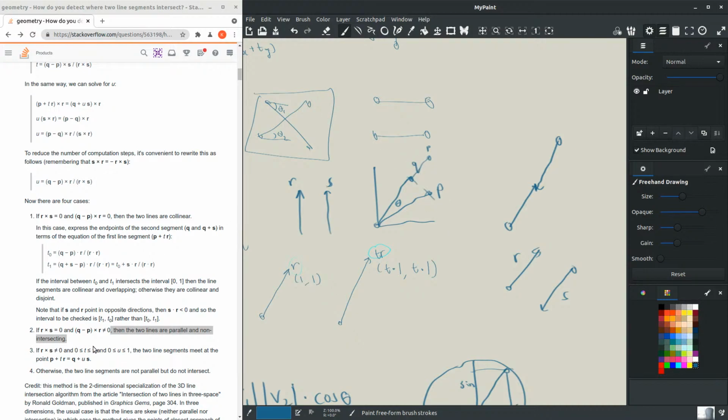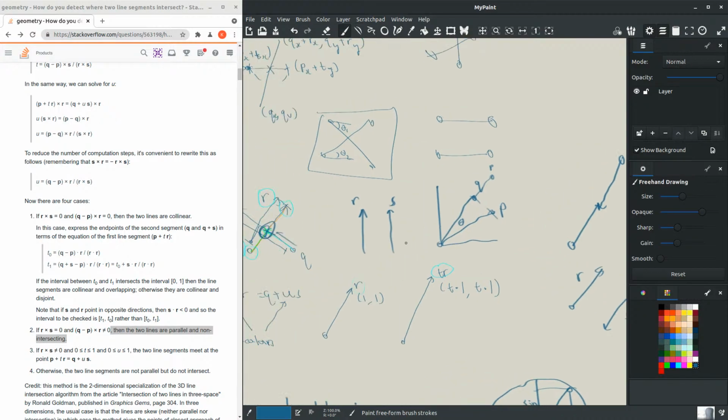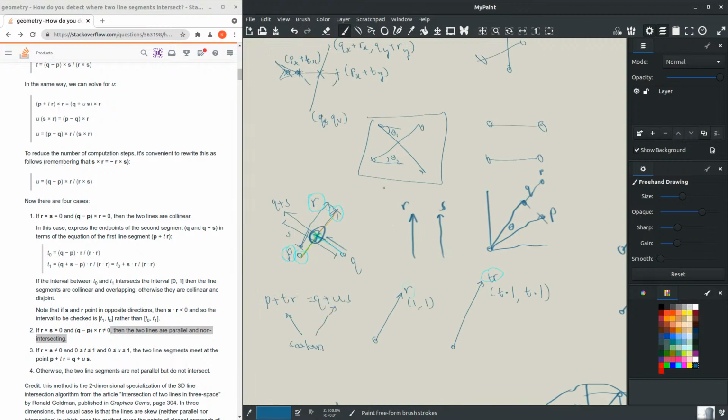And then in this last case here, or third case, we're looking at if R cross S does not equal 0 and T is greater than 0 and less than 1, and U is greater than 0 and less than 1, what we're checking for there is, so 1 is the length that we have from Q, 1 times S would give us the current length that we have. 0 times S would give us just the point Q. So anything in between those two would be within this span here.